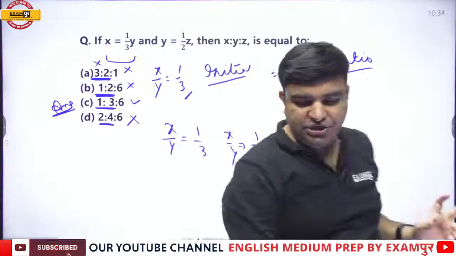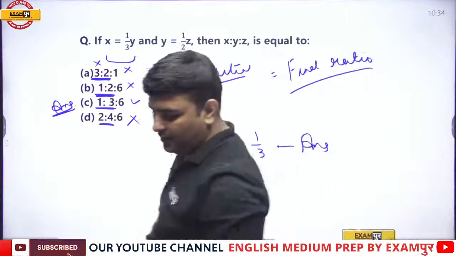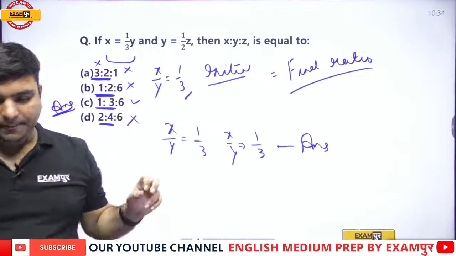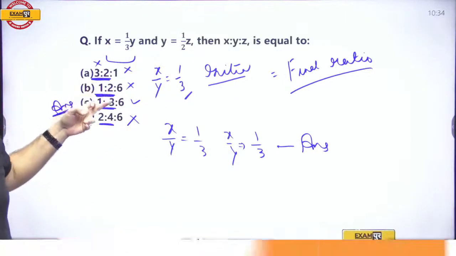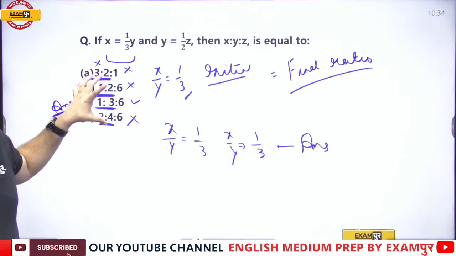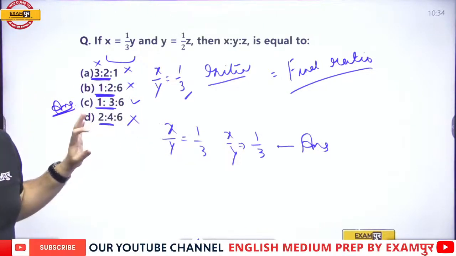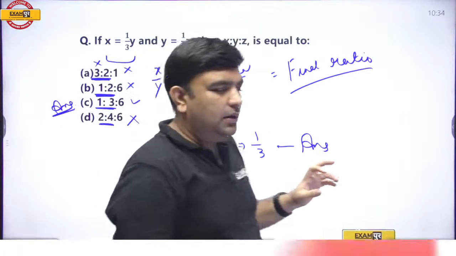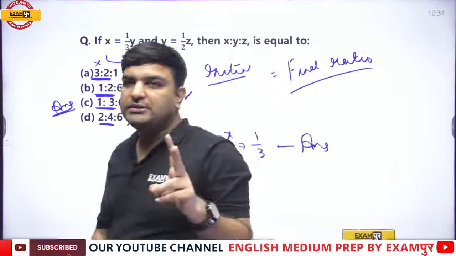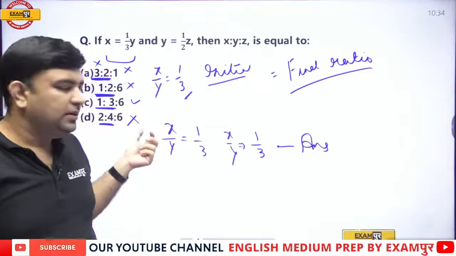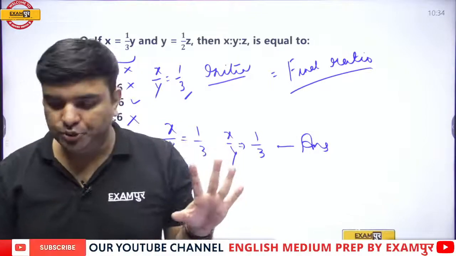This is the elimination way. If in all other three options they are not maintaining 1:3, then the ratio which is maintaining 1:3 is directly your answer. If there would be two options satisfying this condition, then we would be going for y ratio z as well.